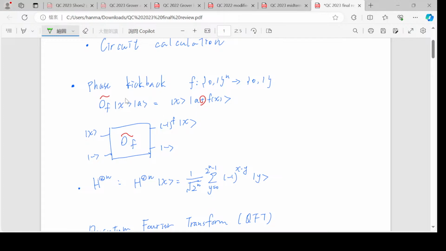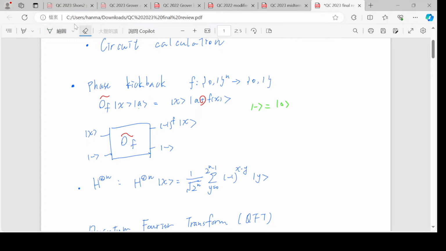So what we do a lot of the time is phase kickback on the oracle. On the second register, we put the minus state, which is 0 minus 1.